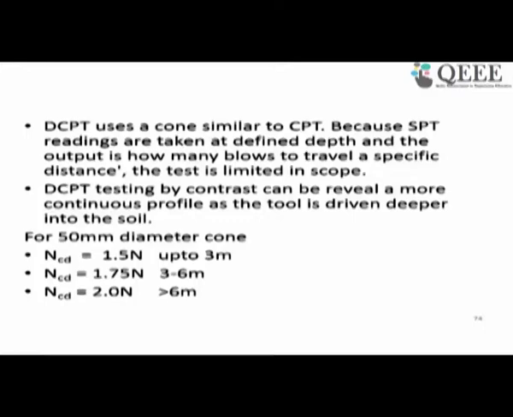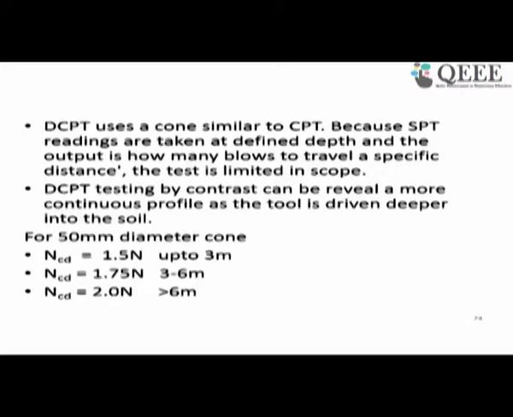But at the same time, it is mostly for where you have continuous, cyclic loading, like highways or roadways where the loads are cyclic in nature. It is very useful. Now this DCPT can also be correlated with the SPT N value.